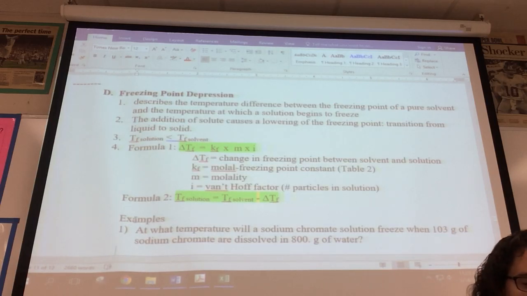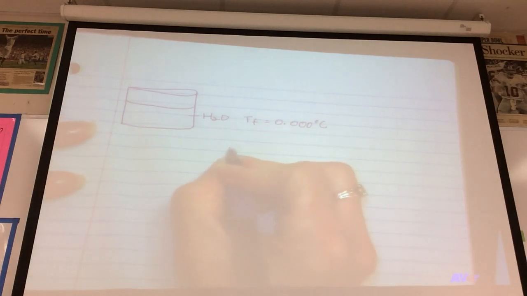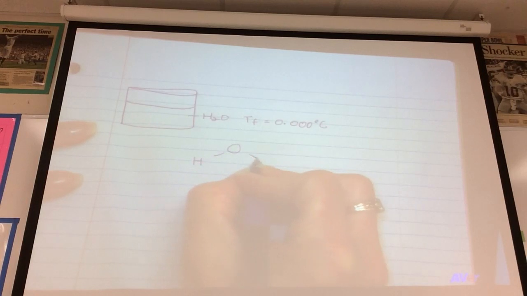So I already showed you the formulas that are involved in freezing point depression, but I again want to illustrate that if you had a beaker of water, water has a freezing point of 0 degrees Celsius. And we know water has a bent molecular geometry.